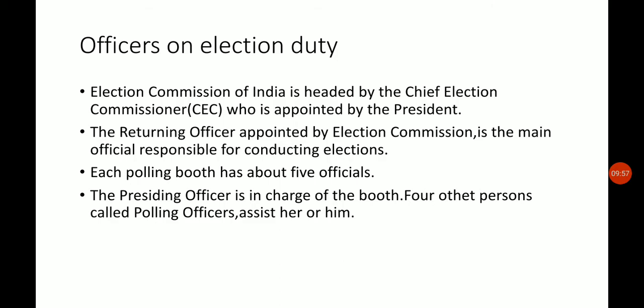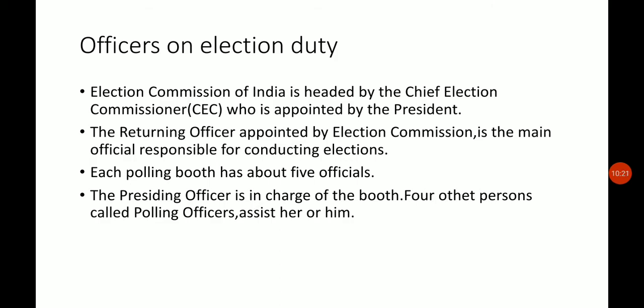The Election Commission of India is headed by the Chief Election Commissioner, the CEC, who is appointed by the President. And under the CEC there are various state commissions which are responsible for the election in their states.